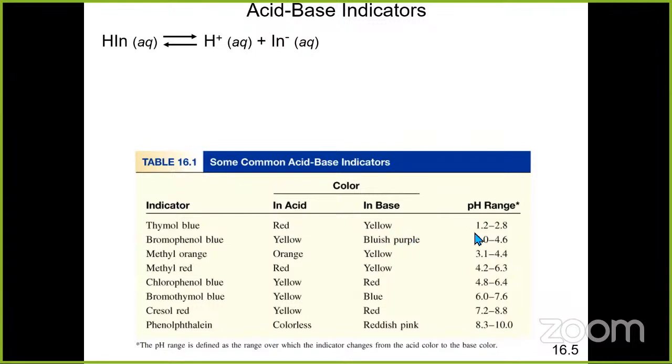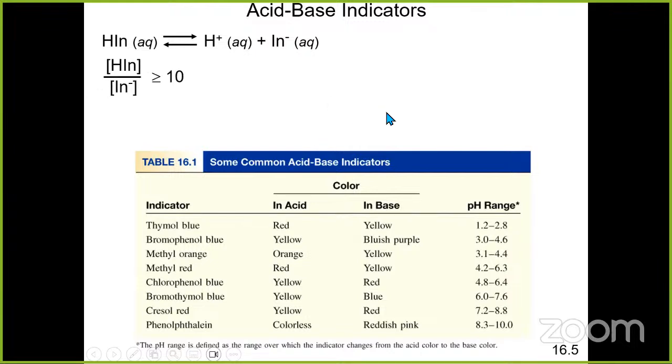But what you'll find is that below 1.2, the color will be red, and then between 1.2 to 2.8, the color would be a combination of red and yellow, which would be orange. And then after 2.8, as you increase the pH, the indicator color would be yellow, right? So that's basically how indicators behave, right?